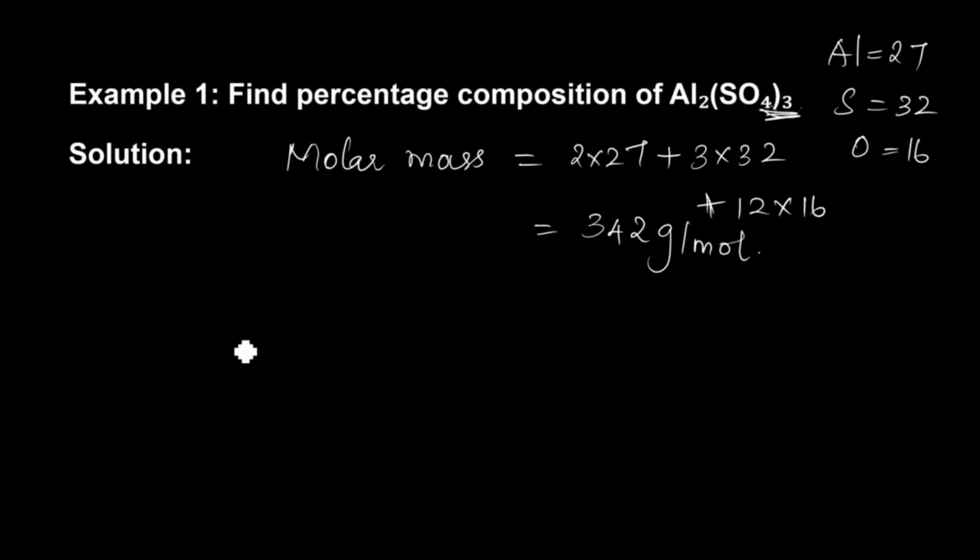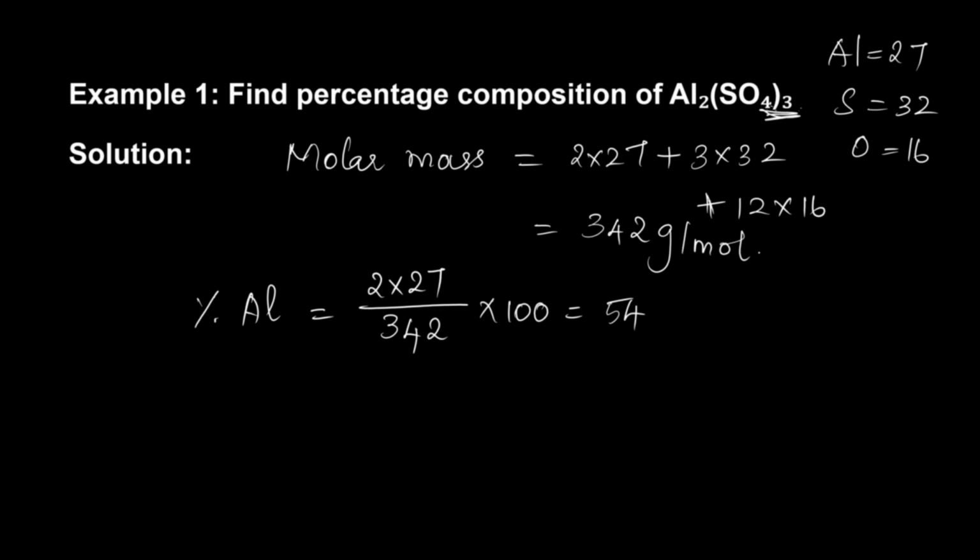Now we are going to calculate the percentage composition. Percentage of aluminium: 2 into 27, 54, divided by the total molar mass 342, into 100, comes out to be 15.79 percent. So 15.79 percent of aluminium is present.